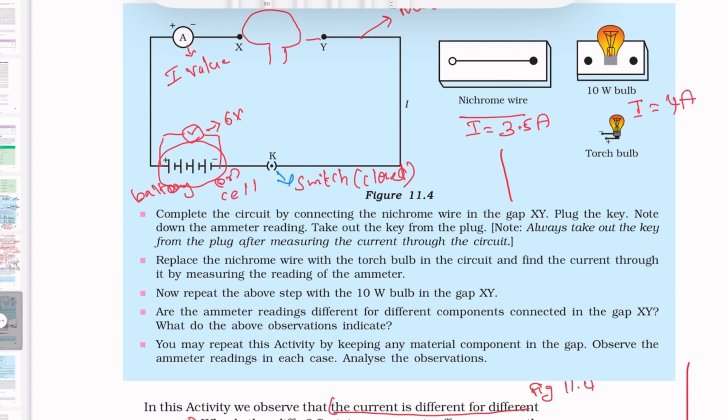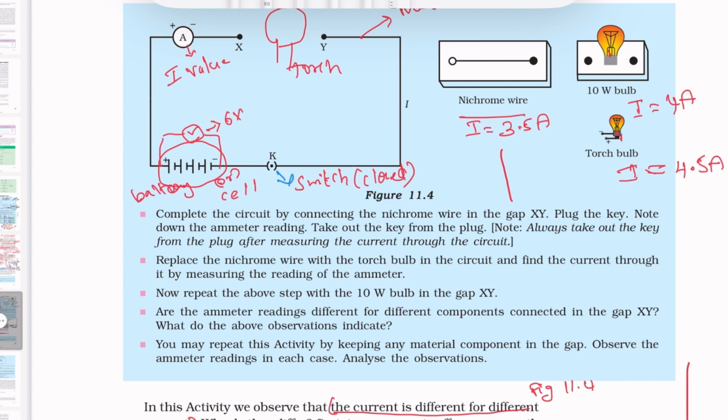Then instead of the bulb, if I connect this torch bulb here, this also will show me a different current. Consider it is 4.5 amps.